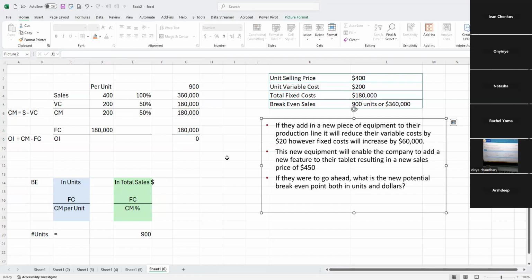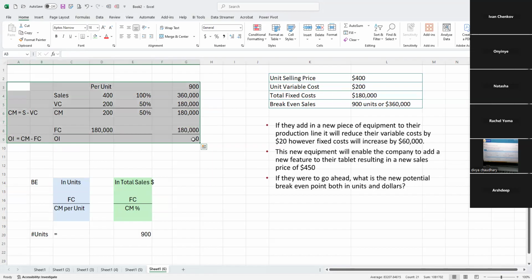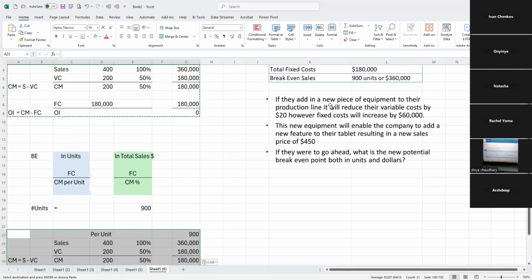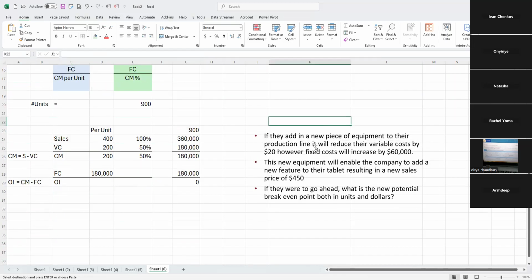So now, the company is proposing this. What's going to happen? Let's grab this here, Control C and Control V, and let's get this information now. They're asking what's going to happen if they add a new piece of equipment to their production line, which will reduce the variable cost by $20.